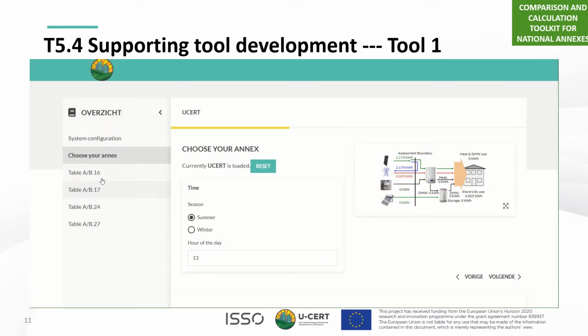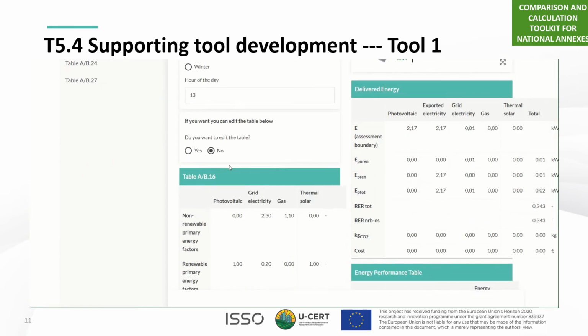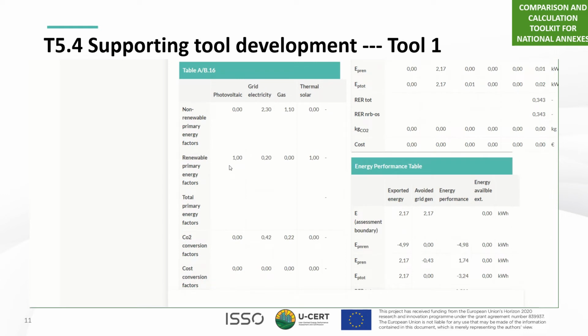So now we can start assessing the first table, table AB16, the one related to the weighting factors. Weighting factors are needed to convert, so to weight, the delivered energy demand required to meet the building needs into primary energy demand. Further information on this table can be found in the explanatory report, which is part of U-CERT Tool 1.